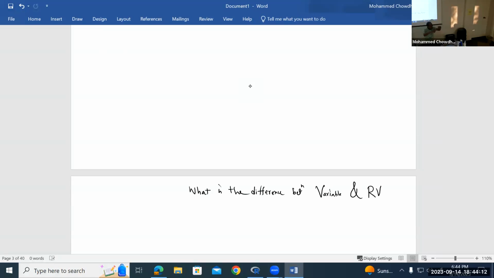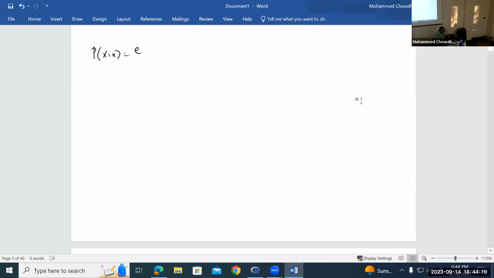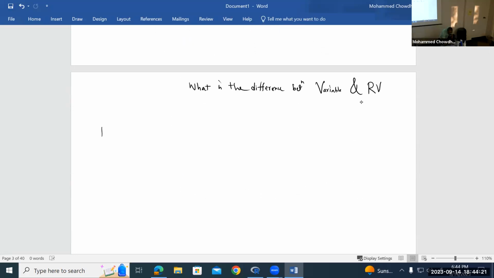So what you said is exactly the opposite. A random variable has a certain probability that goes with it. How? Take a look at that. A random variable is a mapping from a sample space to the real line.